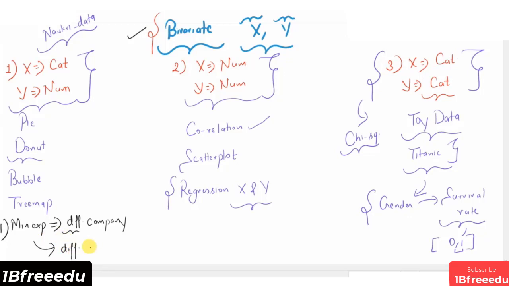Just to get a job in different industries, what is the minimum experience that you need in order to get a good job or a good post in different kinds of industry? These industries can be IT industry, manufacturing industry, marketing industry, and all these types of industry. So these are some real world problems that you may encounter in a real time environment.